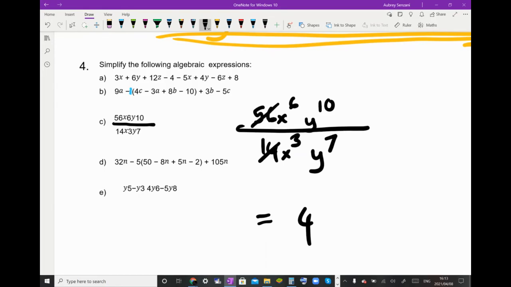Then we have x, and we know that when it comes to division, it's the same as saying 6 minus 3, which gives us 3. Then we have y, and again 10 minus 7, which again gives us 3. So there we go, that should be our final answer. Am I correct?